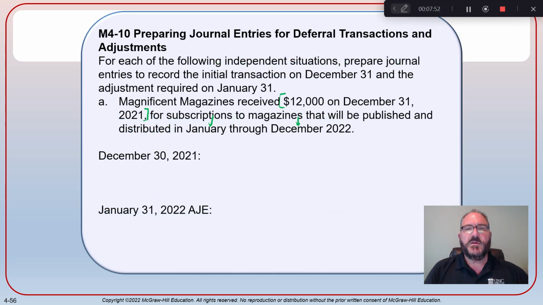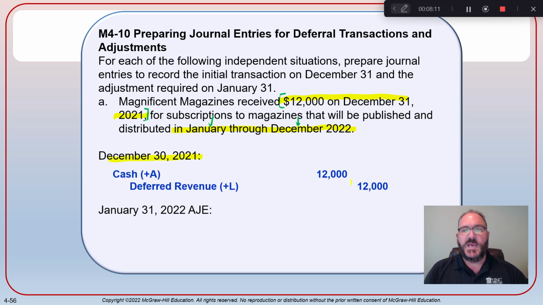All right, here, let's see. Magnificent Magazines received $12,000 on December 31st for subscriptions published and distributed through the next year, okay? So $12,000, they got the cash, but they didn't earn it yet, right? So we got cash, $12,000, deferred revenue, $12,000.